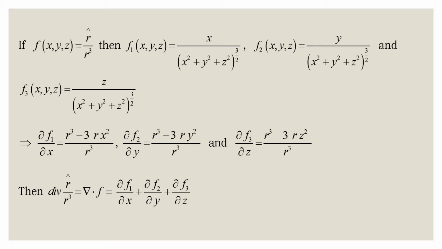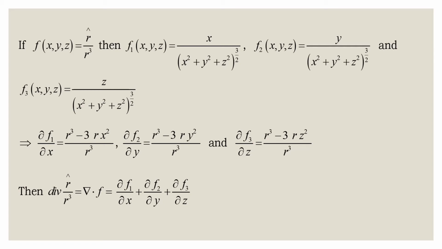If we find out this value by using the quotient formula in the differentiation, we get dou f1 by dou x equals (r cube minus 3r x square) upon r cube.